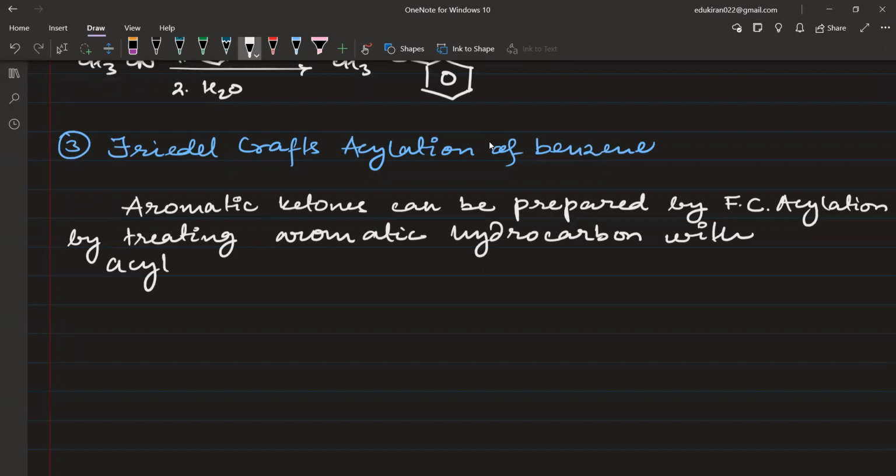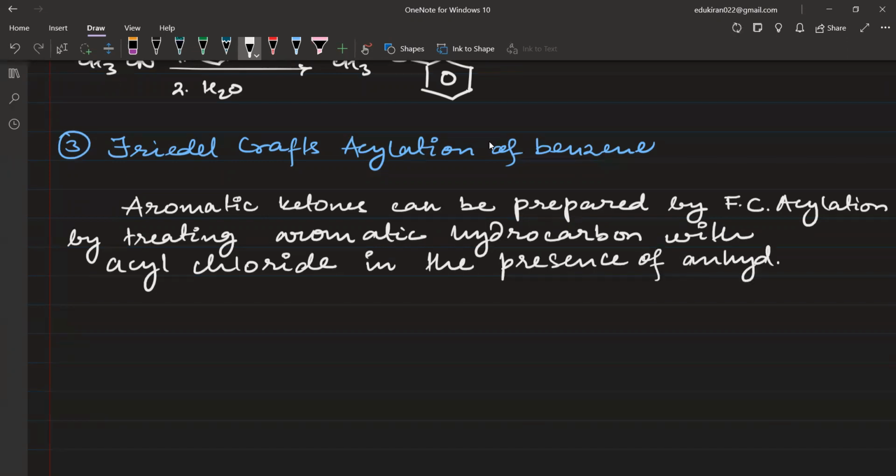Acyl chloride is also known as acid chloride, so if you have somewhere acid chloride, it is the same thing. Acyl chloride in the presence of anhydrous AlCl3.